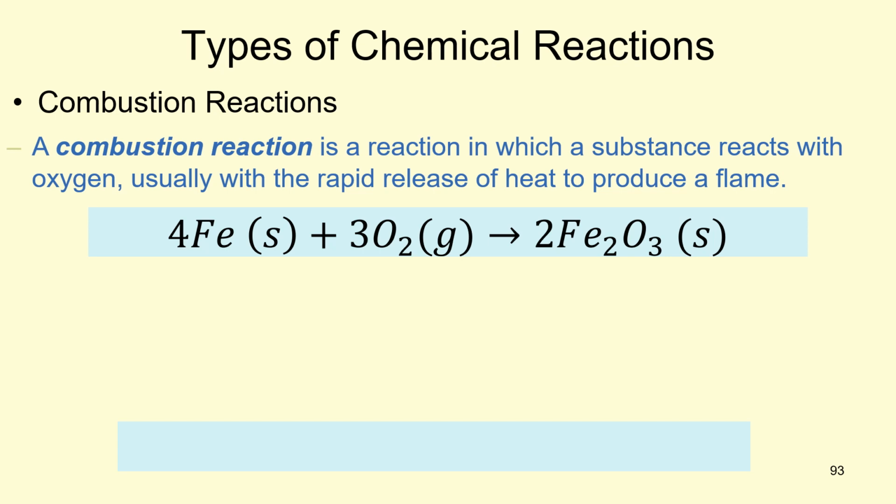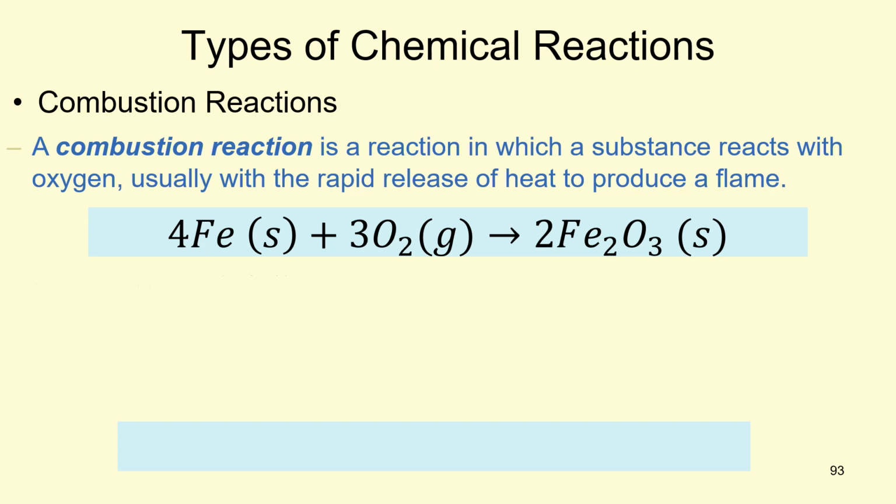And actually, if you took like some iron wool and lit it on fire, it would flame up. So it would rapidly release heat. But you can also have like your iron patio furniture reacting with oxygen, and that probably wouldn't burst into flames, but it's still going to give off heat, just much slower.